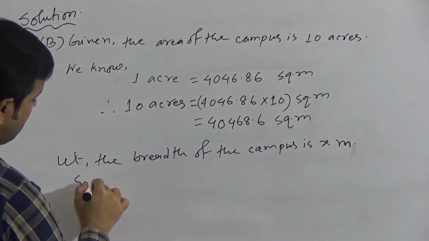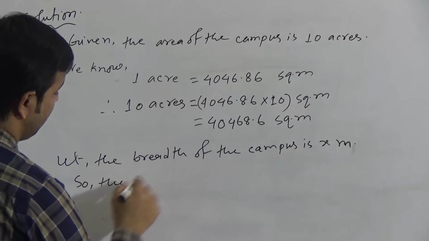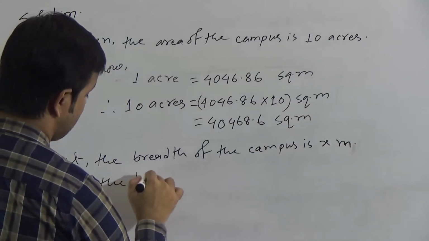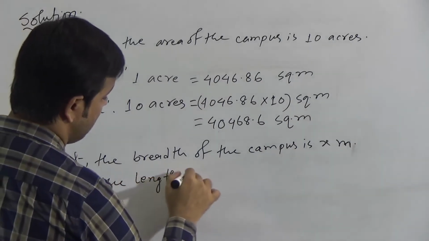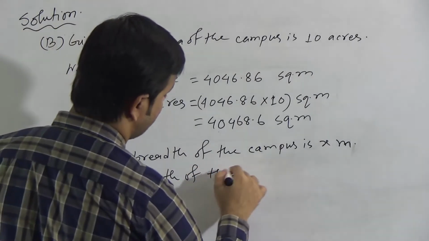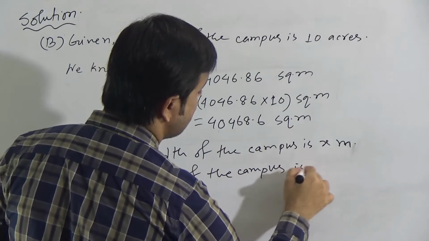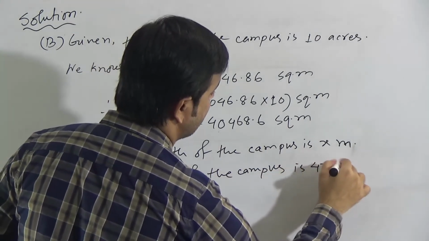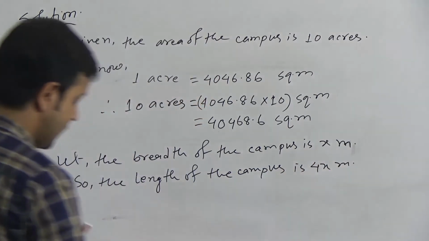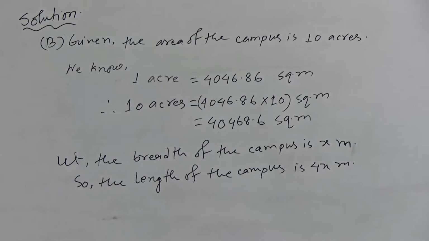So the length of the campus is 4x meter, as length is 4 times of the breadth.